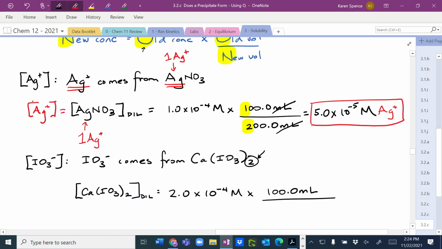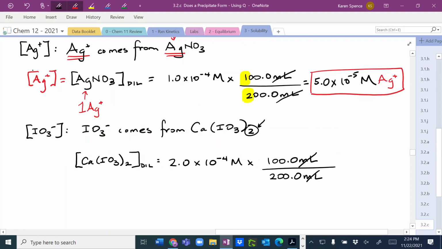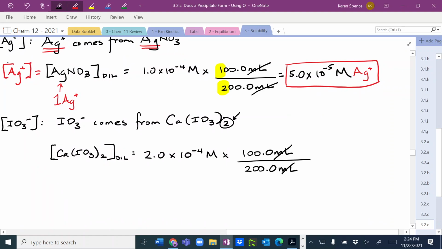And when we mixed the two, we got 200 milliliters. And that gives us 1.0 times 10 to the negative 4 molar.